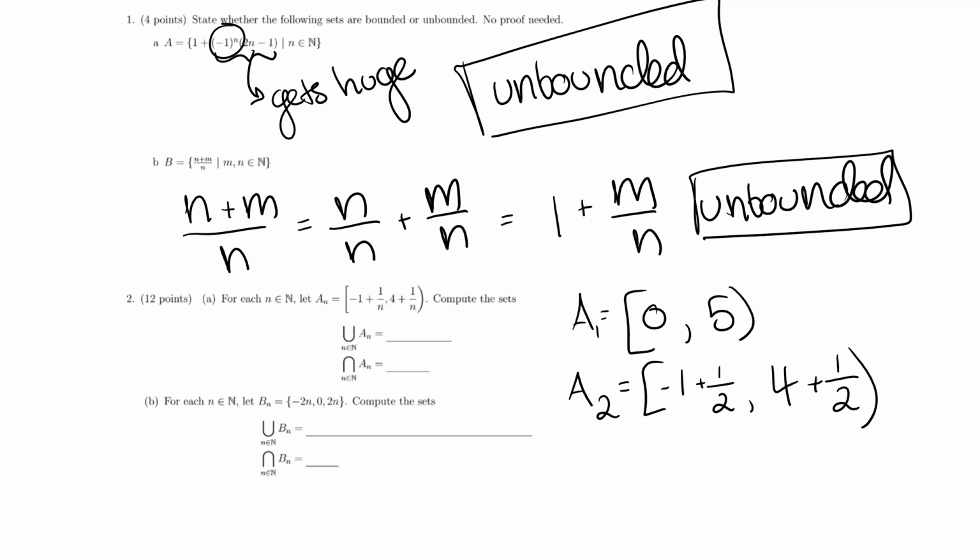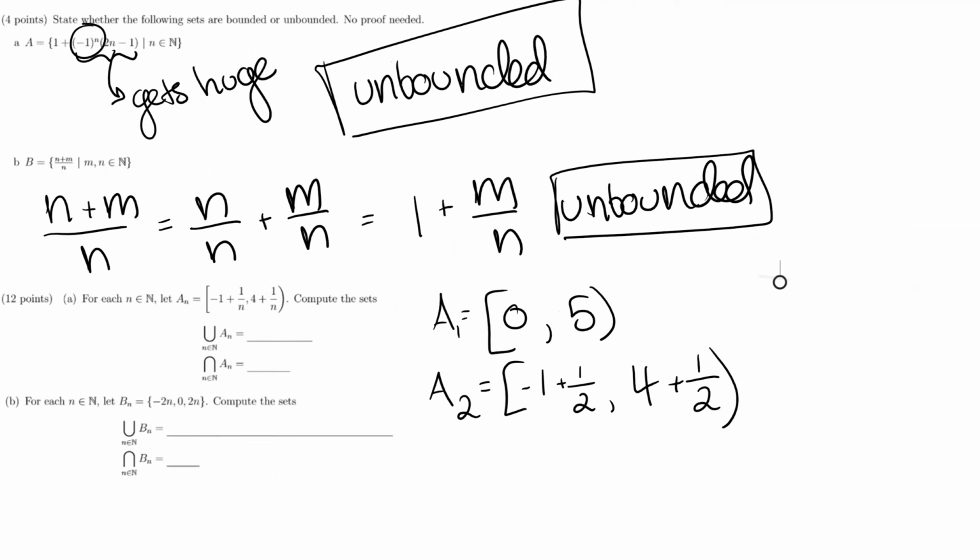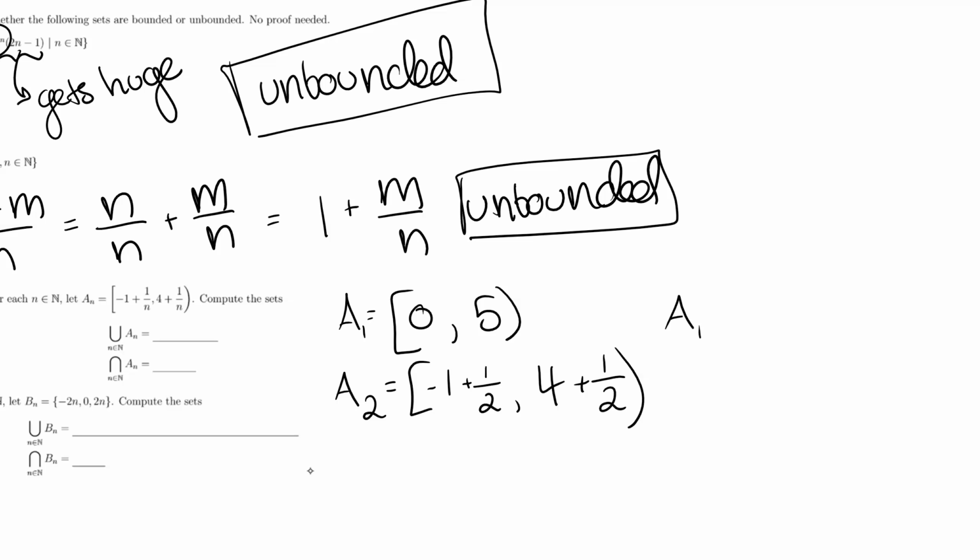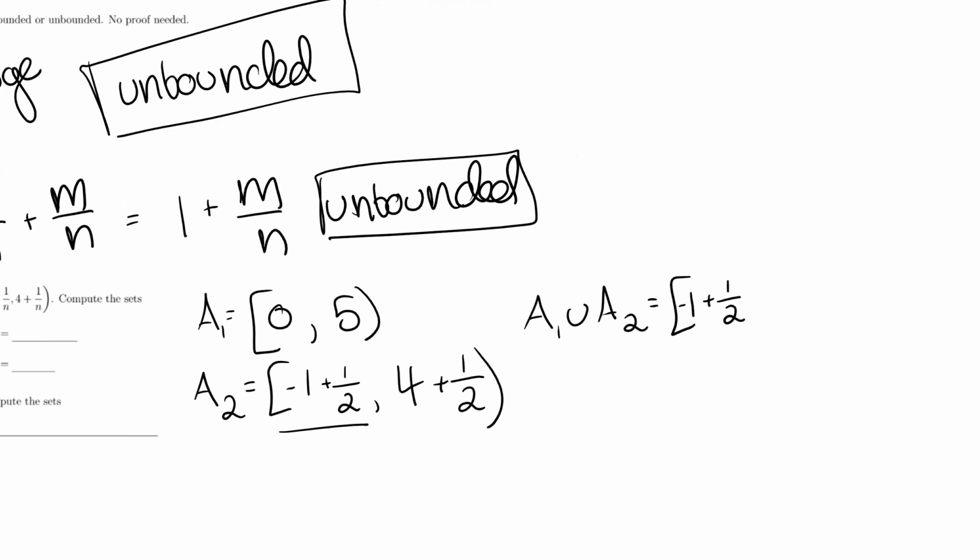Okay, so if we're unioning these two together, what do we get? Well, we get this one for the left-hand side, so -1 plus 1/2, which is -1/2. And then for the right-hand side, we get this one, because remember, we're unioning.